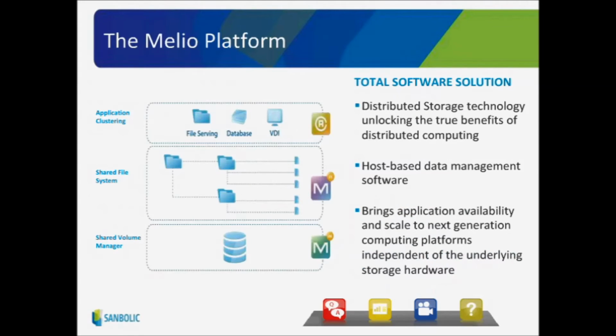The Melio platform itself consists of 3 components. At the base, we have the Melio Volume Manager. That is a cluster-aware volume manager that has been specifically designed for shared storage environments. We also have the Melio File System.